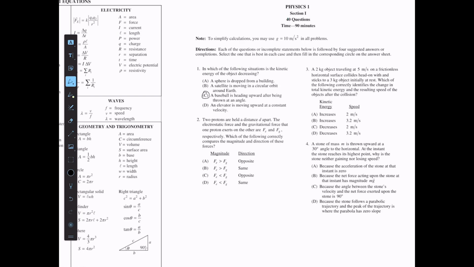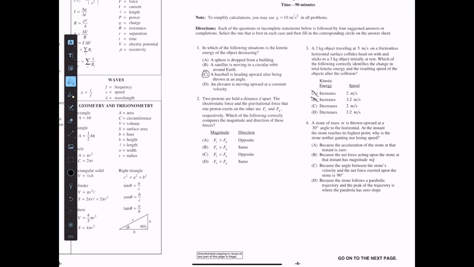Number 3: a 2 kilogram object traveling at 5 meters per second on a frictionless surface collides head-on and sticks with a 3 kilogram object initially at rest. Which of the following correctly identifies the change in total kinetic energy and speed after the collision? Since it's an inelastic collision, the kinetic energy is going to decrease, so we can eliminate those two.